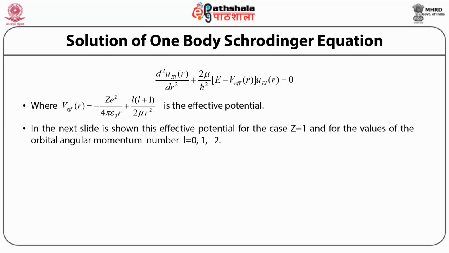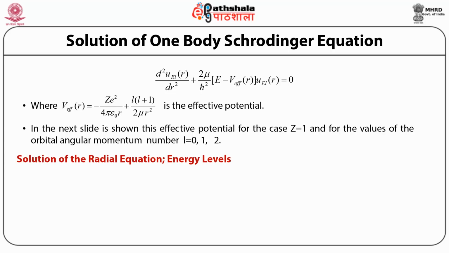Now in the latest slide is shown this effective potential for the case Z equal to 1 and for the values of the orbital angular momentum number L equal to 0, 1, 2.